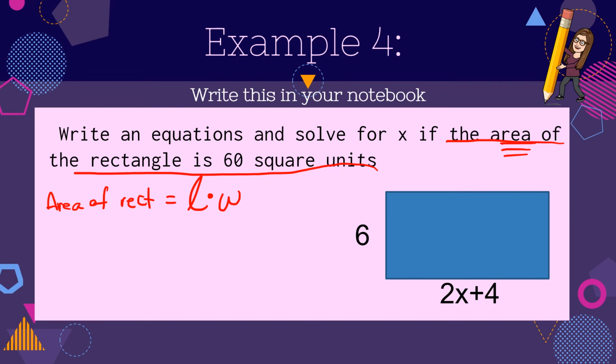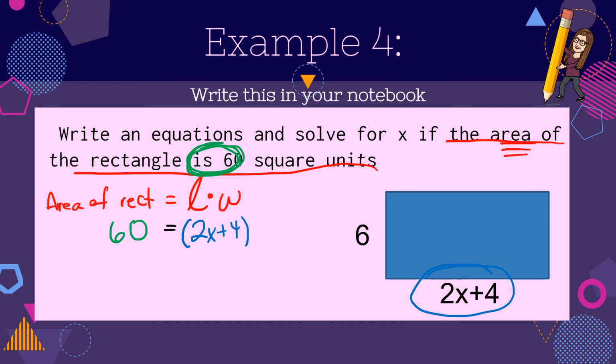All right, well, they told me the area is 60. So instead of area of rectangle, we're going to fill in 60. The length that I see on my rectangle is 2x plus 4. Make sure you put that length in parentheses.